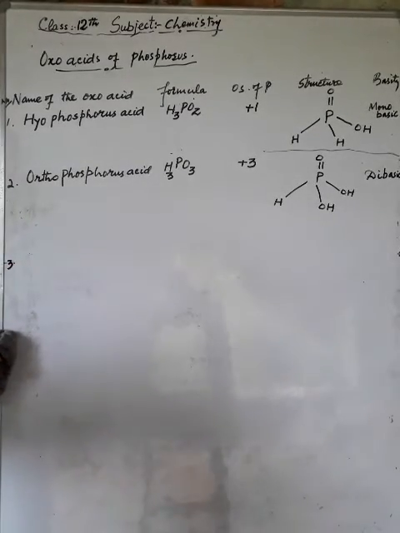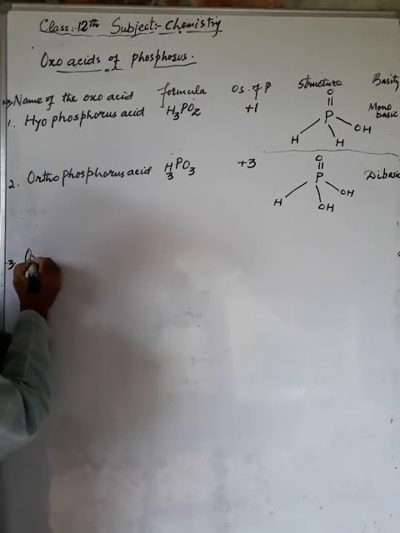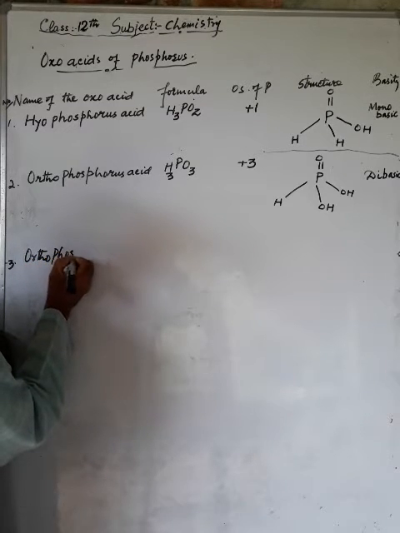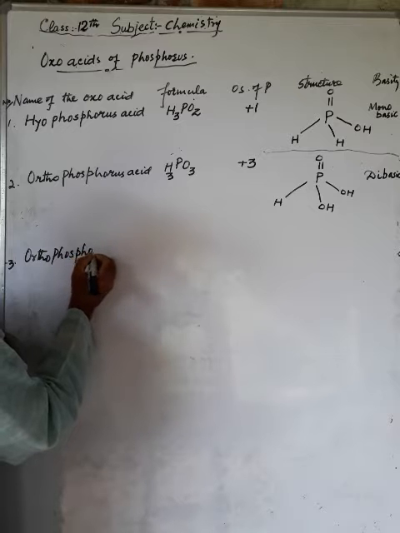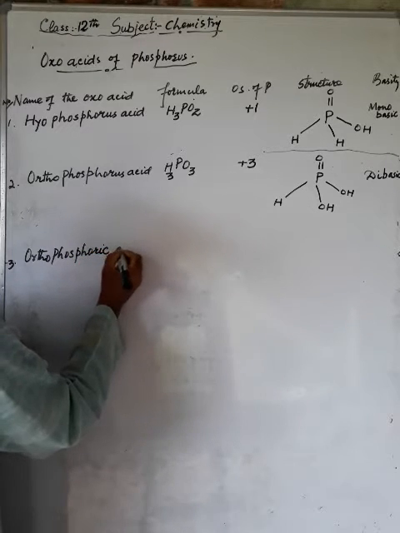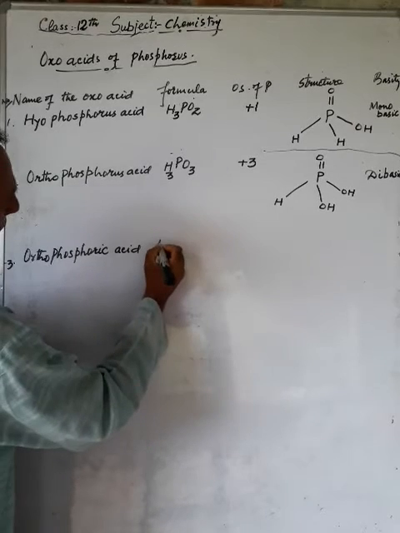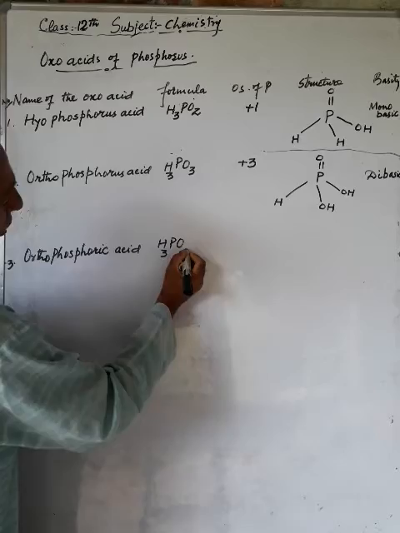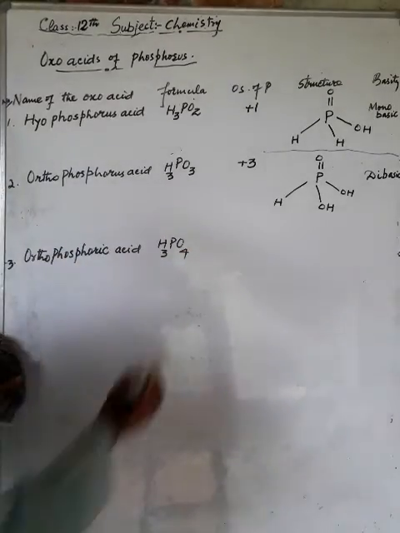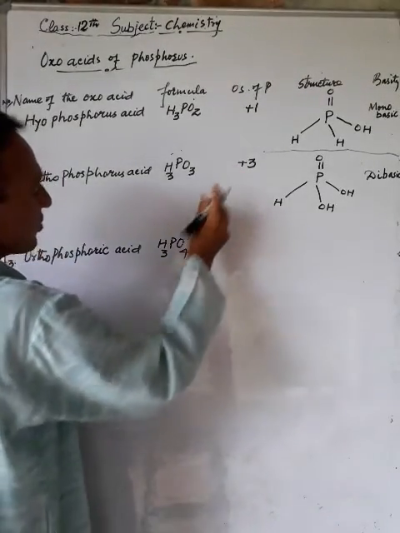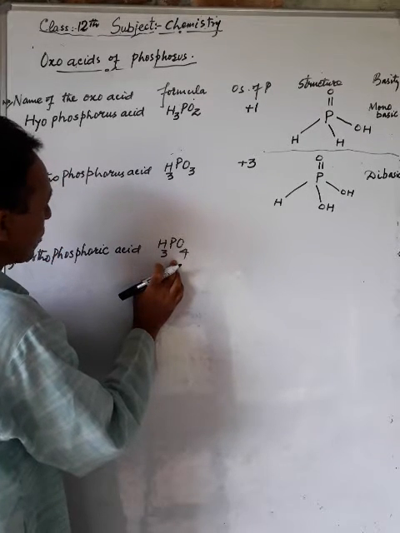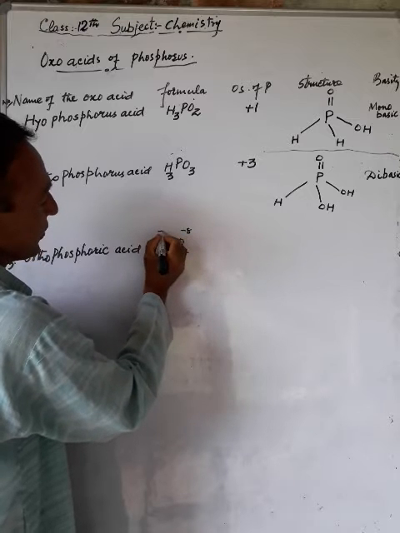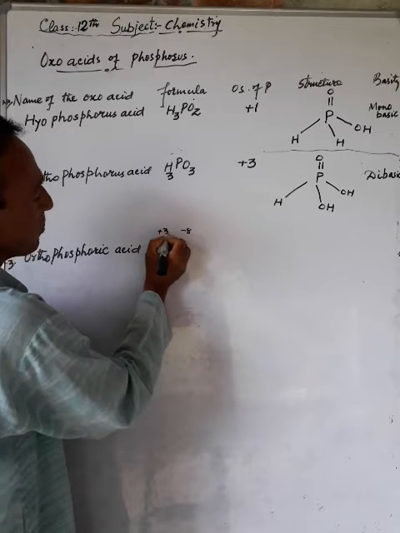Number 3 is orthophosphoric acid. It is H3PO4, and the oxidation state of the phosphorus in orthophosphoric acid is: 4 oxygens are -8, plus 3 hydrogen plus 3.